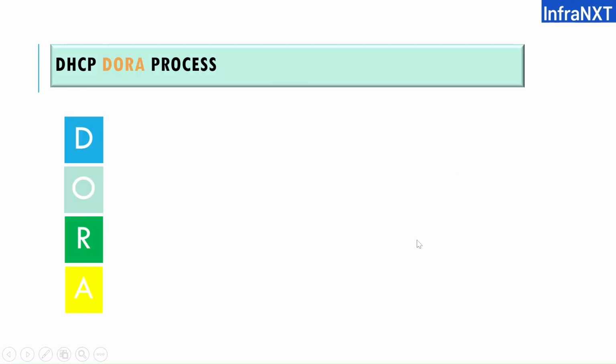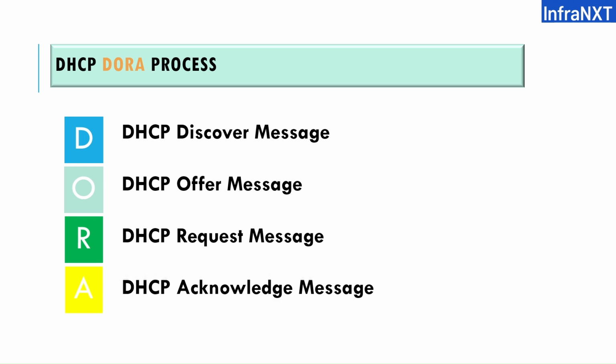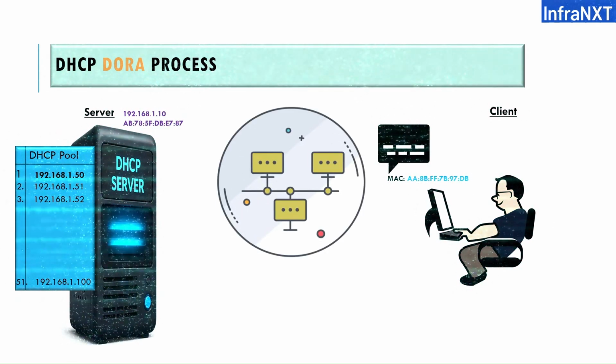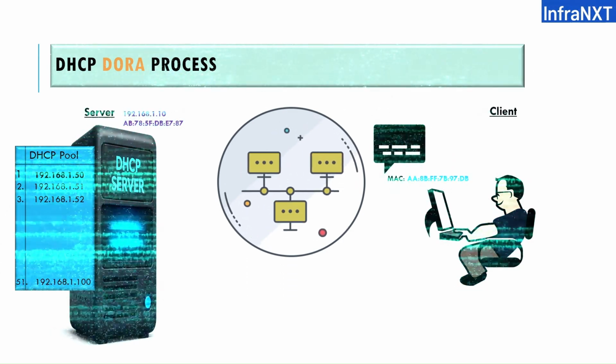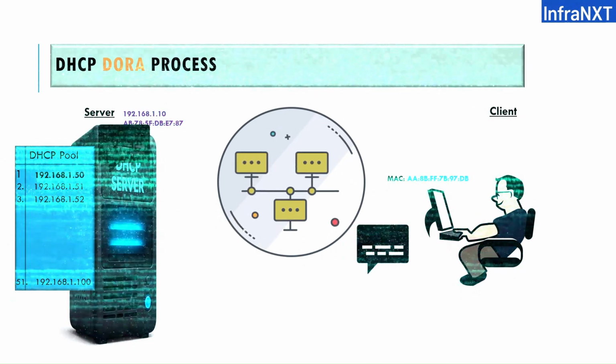Let's understand one of the key processes in DHCP, which is DORA. The full form of DORA: D refers to DHCP discover, O refers to DHCP offer, R refers to DHCP request, and A refers to DHCP acknowledgement. Here we'll uncover the kind of communication that happens between the DHCP server and the client when the client connects to the network and the DHCP server offers an IP address.